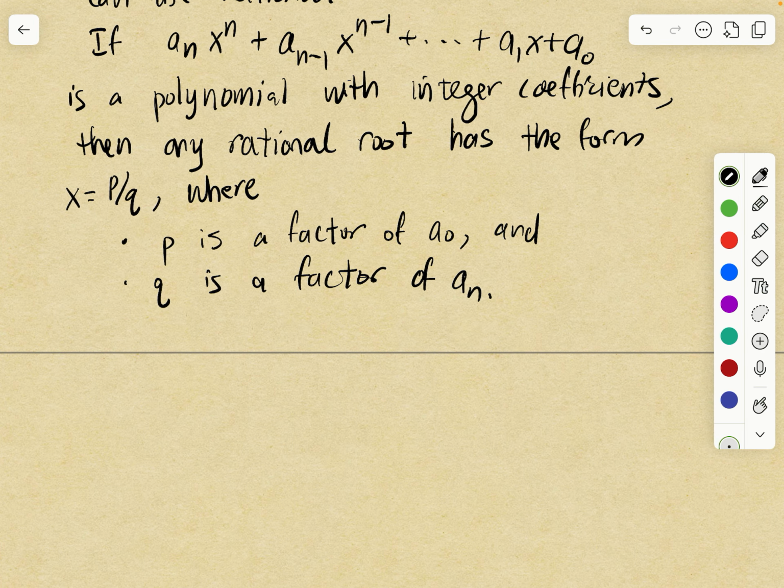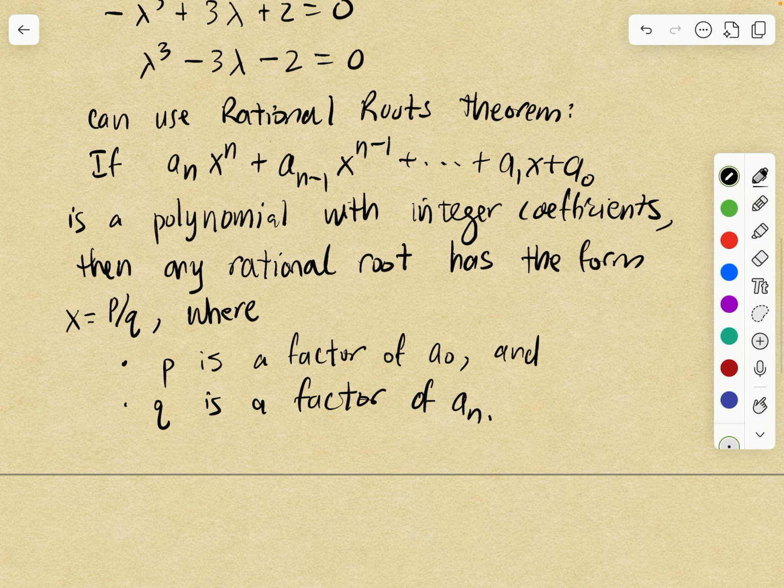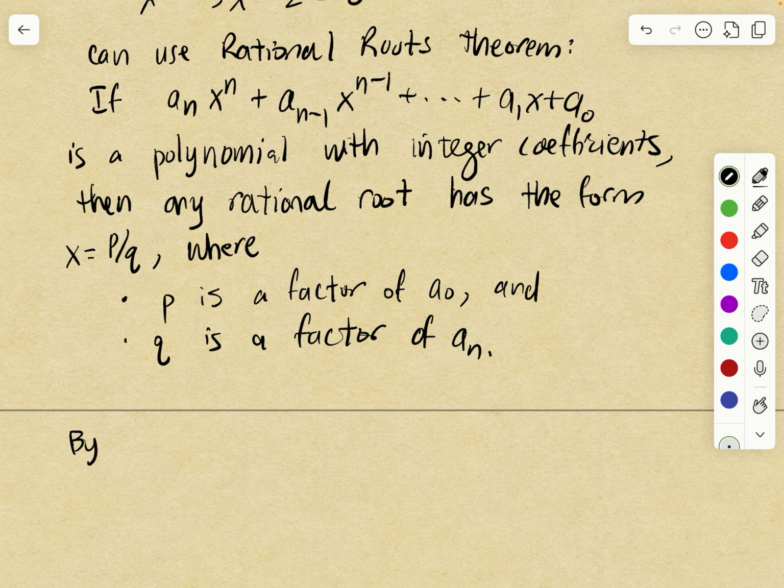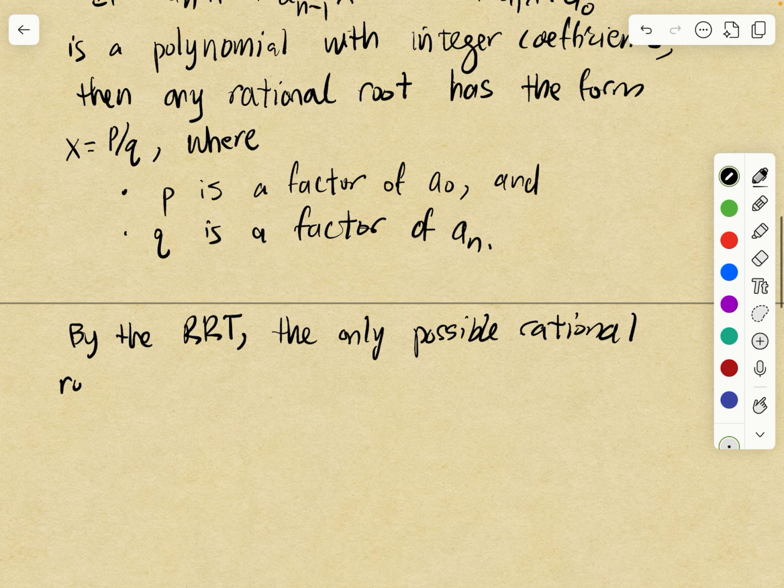So let's apply this rational roots theorem to the polynomial x cubed minus 3x minus 2. We have a cubic polynomial, so a_3 equals 1, and a_0 is negative 2. By the rational roots theorem, which I'll abbreviate to RRT, the only possible rational roots of lambda cubed minus 3 lambda minus 2 are as follows. p has to be a factor of a_0, which is negative 2. q has to be a factor of a_n, which is 1.